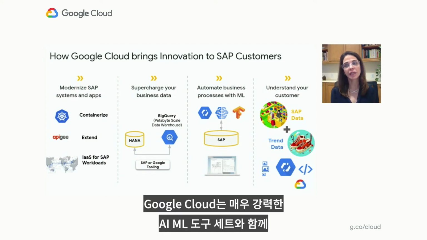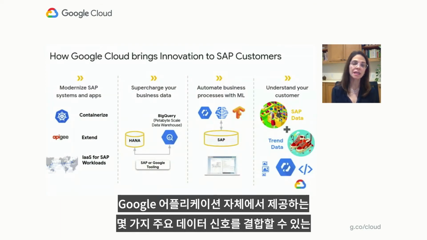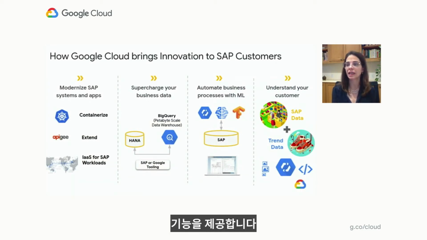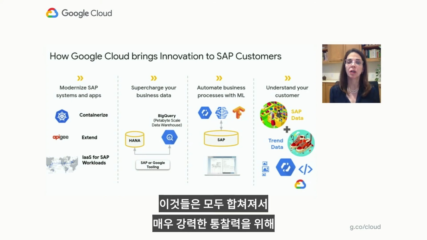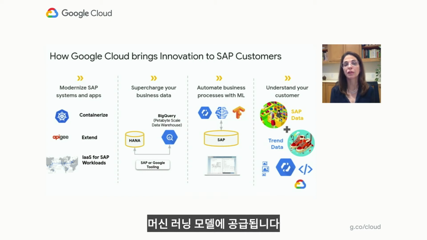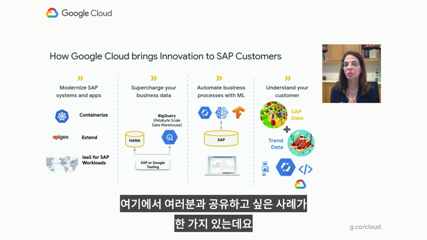And Google Cloud offers the ability to combine our very powerful AI/ML tool set along with some key data signals that come from Google applications themselves, adding to your operational data examples like inventory positions, or maybe ads data information, or maybe competitive pricing information, all added together and fed into machine learning models for very powerful insights.